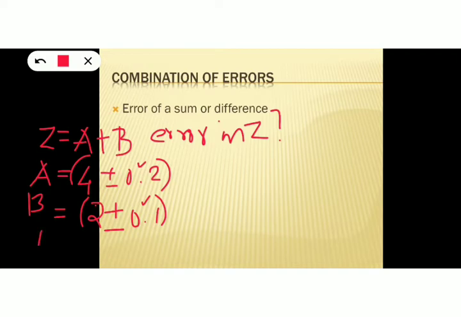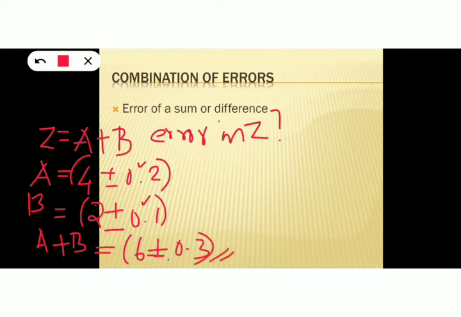So what is A plus B? A plus B is obtained by combining these two quantities. For that, first we need to add the true value part, 4 plus 2, 6, plus or minus, then add the error part, 0.2 plus 0.1, that is 0.3.